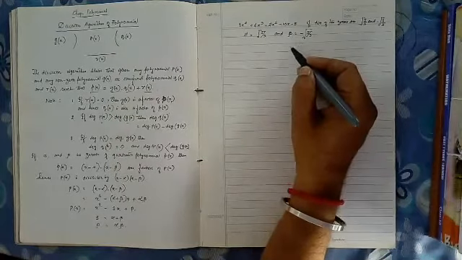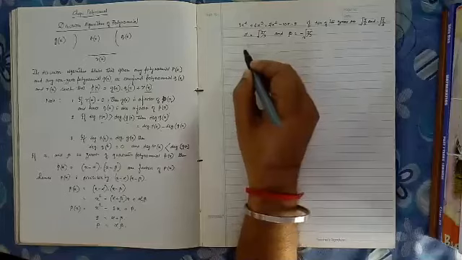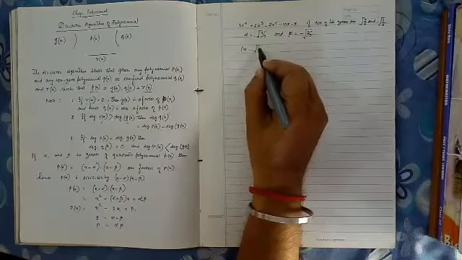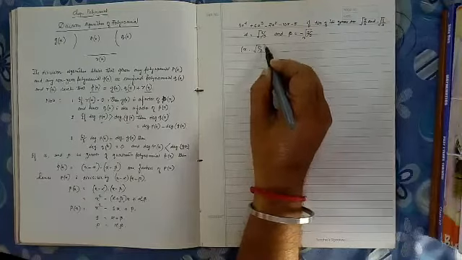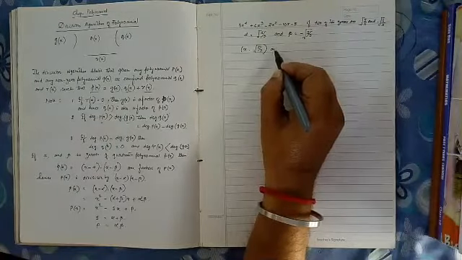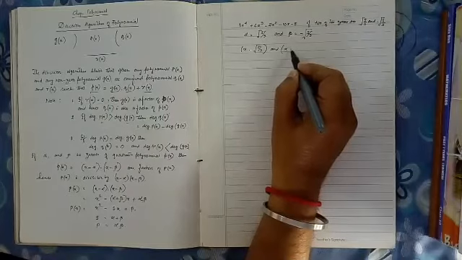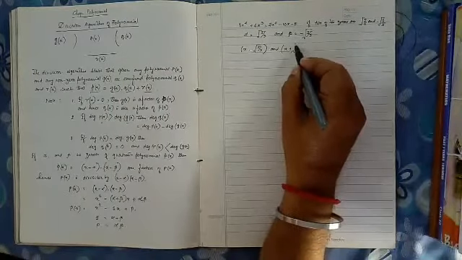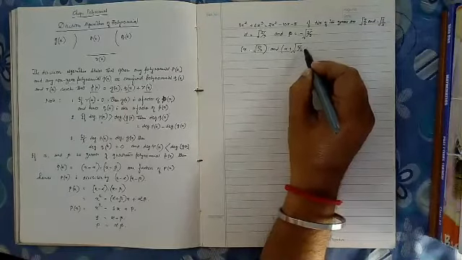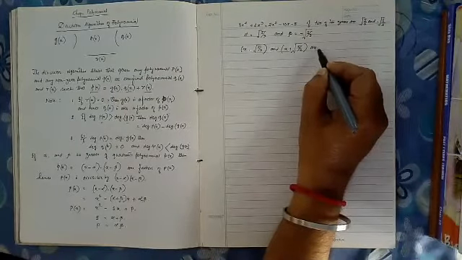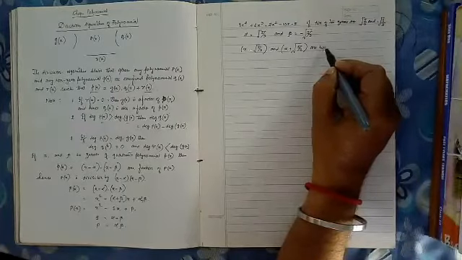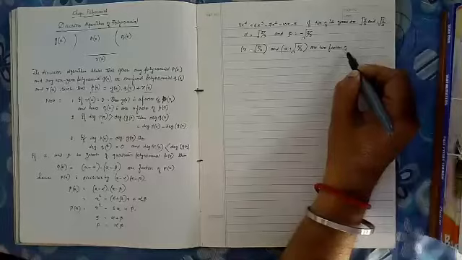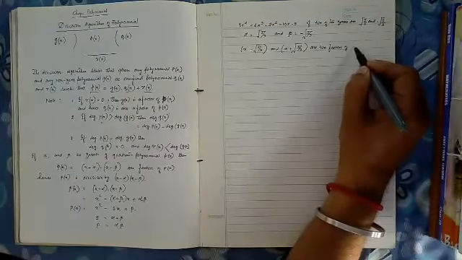Then x minus under root of 5 by 3 and x plus under root of 5 by 3 are two factors of p of x.